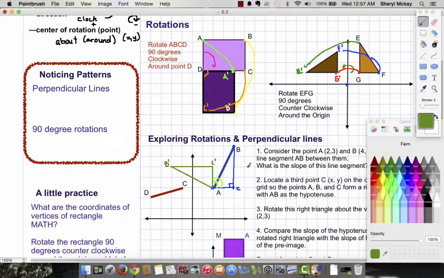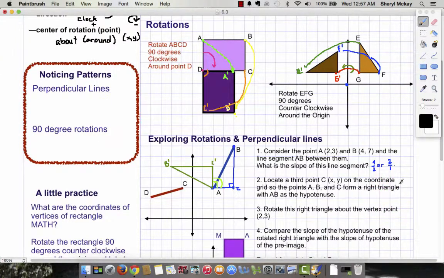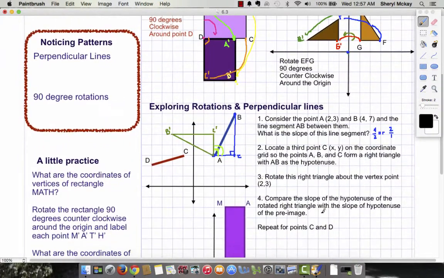Okay, so do you see what I did? Do you see how I rotated that around that point A? So we've just rotated our triangle, and now what I want to know is, what is the slope of our new hypotenuse?